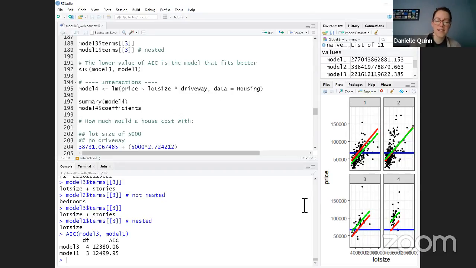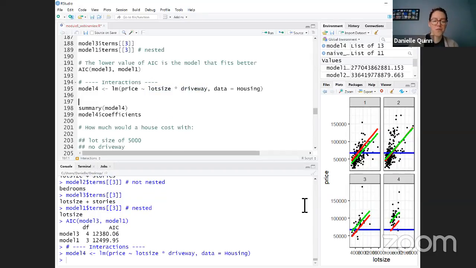The first is that instead of using a plus sign here, you'll notice that we use an asterisk. And that means that in addition to looking at how lot size influences price and how driveway influences price, we also want to look at the influence of how lot size and driveway together interacting affect the price. So we're actually coming up with 3 coefficients, 3 different slopes, plus our intercept.